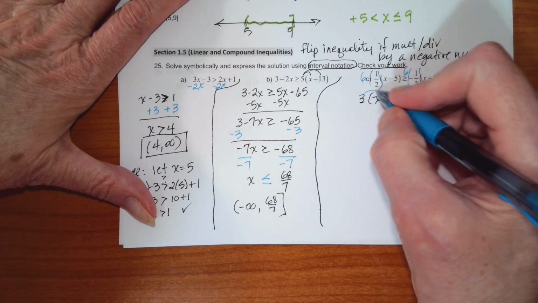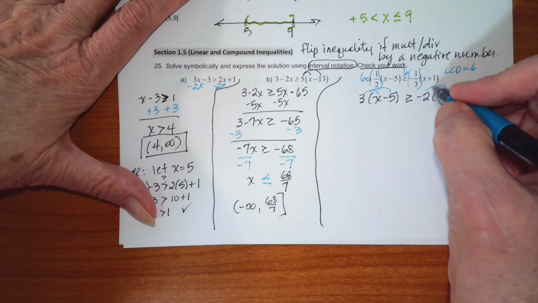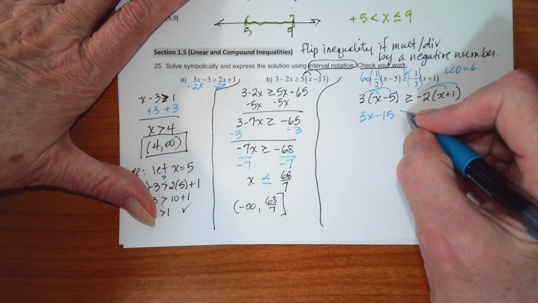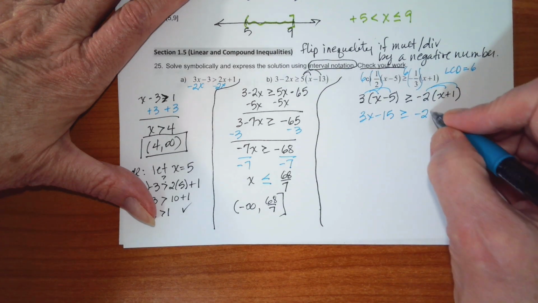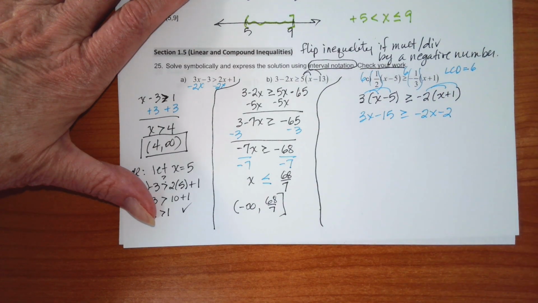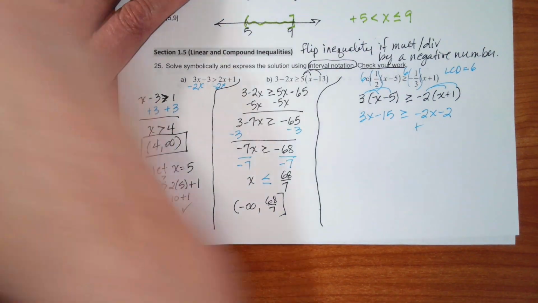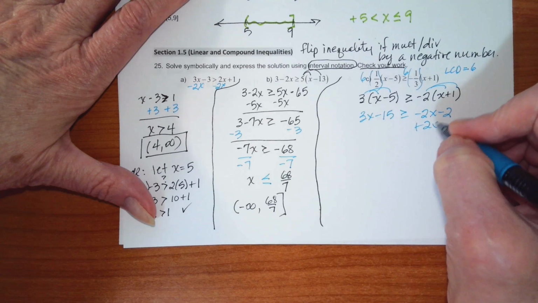Okay, in this step, I'm going to distribute. So that gives me 3x minus 15 is greater than or equal to negative 2x minus 2. I'll add 2x to both sides.